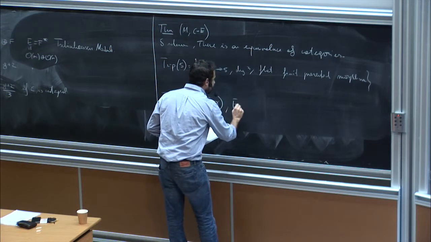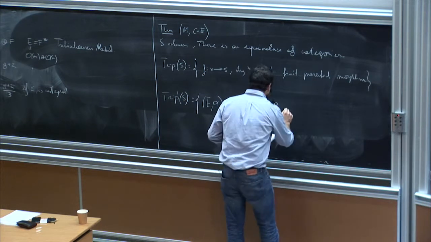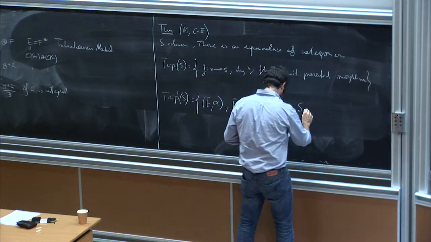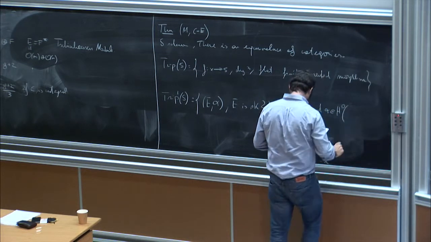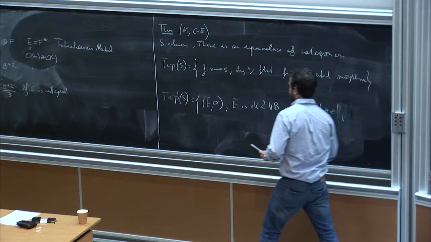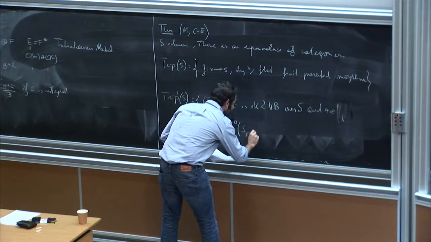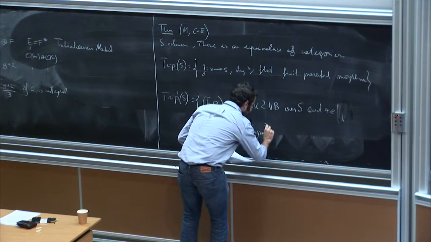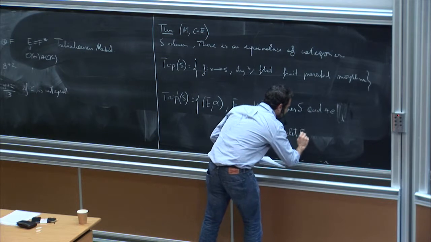where E is a rank 2 vector bundle over S, and alpha is a section of a certain tensor of the vector bundle, which is Sym^3 E tensor det E dual.